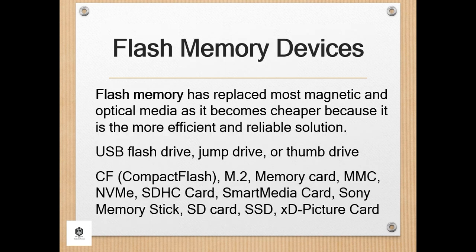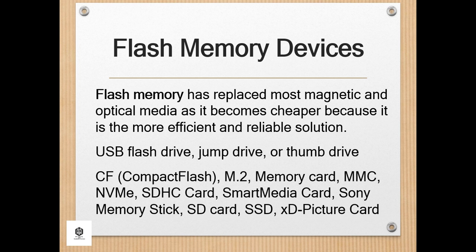The third type is the flash memory devices. Flash memory has replaced most magnetic and optical media as it becomes cheaper because it is the more efficient and reliable solution.